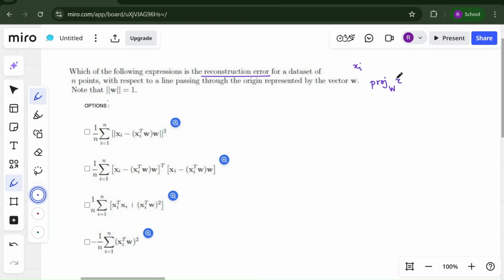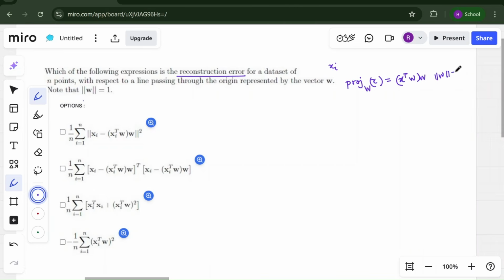And what is this entity? This entity is nothing but x transpose w times w. And this was holding because the norm of w is 1. If it is not of norm 1, then the formula will be something different. You have to divide by w.